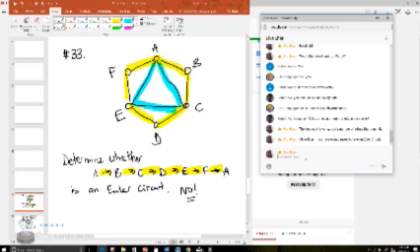And that sounds kind of abstract, but if you think about it, it makes sense. An Euler circuit means that you cover every edge exactly once. Now, let's imagine that here's a vertex somewhere on some graph, right?